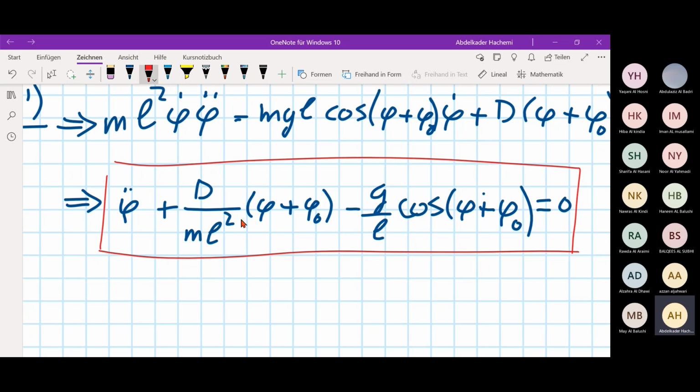Now coming to the third exercise. I will not solve it, I will give it in the solution. Because if you remember, I return now to the lecture.